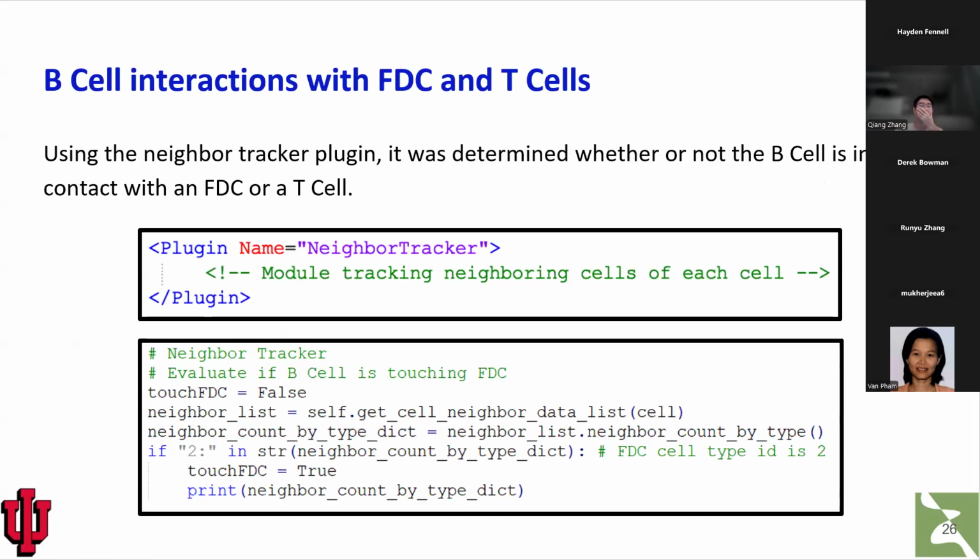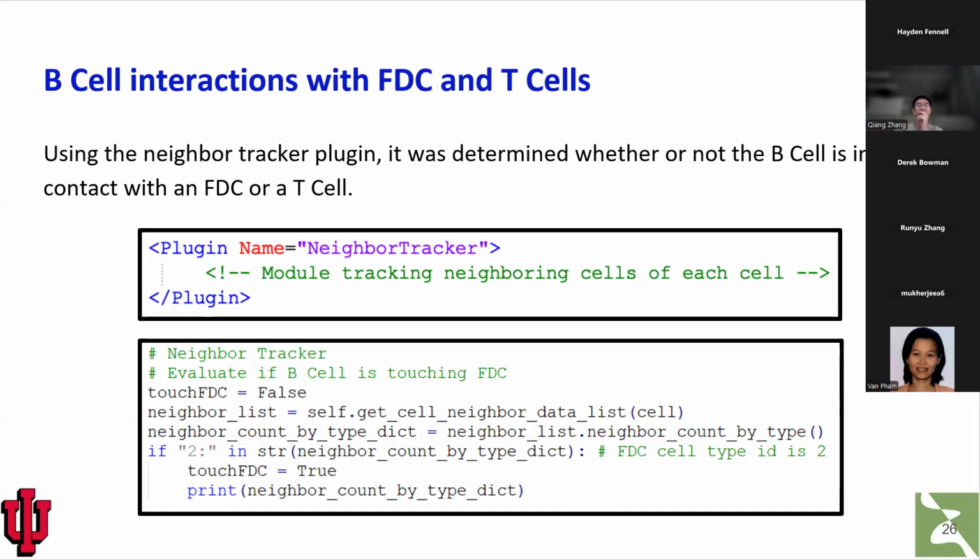So how do we model the B cell interaction with the follicular dendritic cells and T cells? Here we're using the neighbor checker plugin to determine whether or not the B cell is in contact with an FDC or T cells.